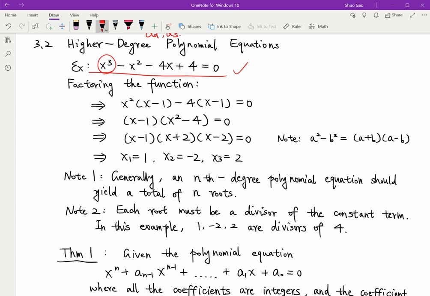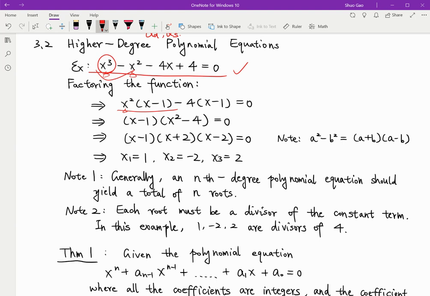first we can see that if we combine the first two terms, this equals x squared times x minus 1, right? We pull out the x squared term, and what's left is x minus 1, because x squared is a common term in both x cubed and x squared here.